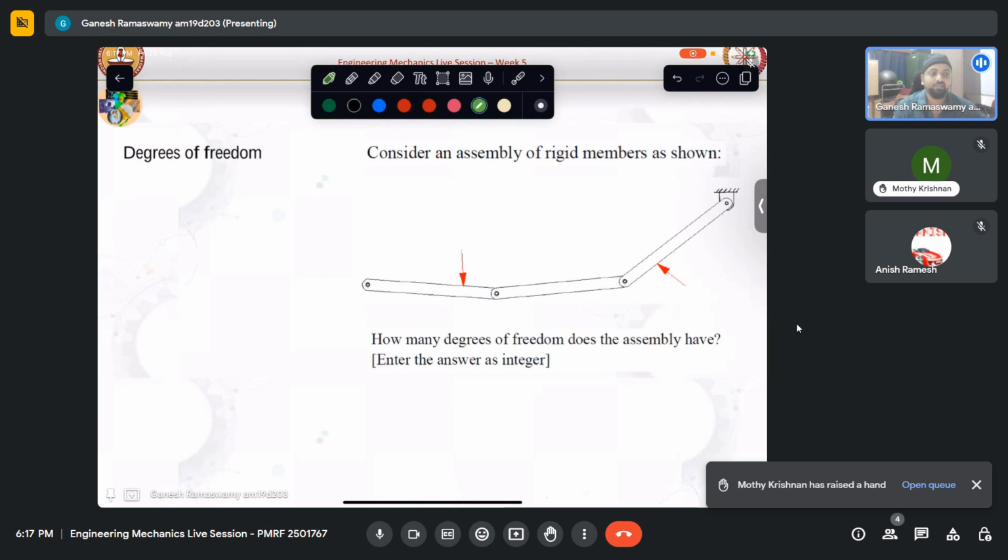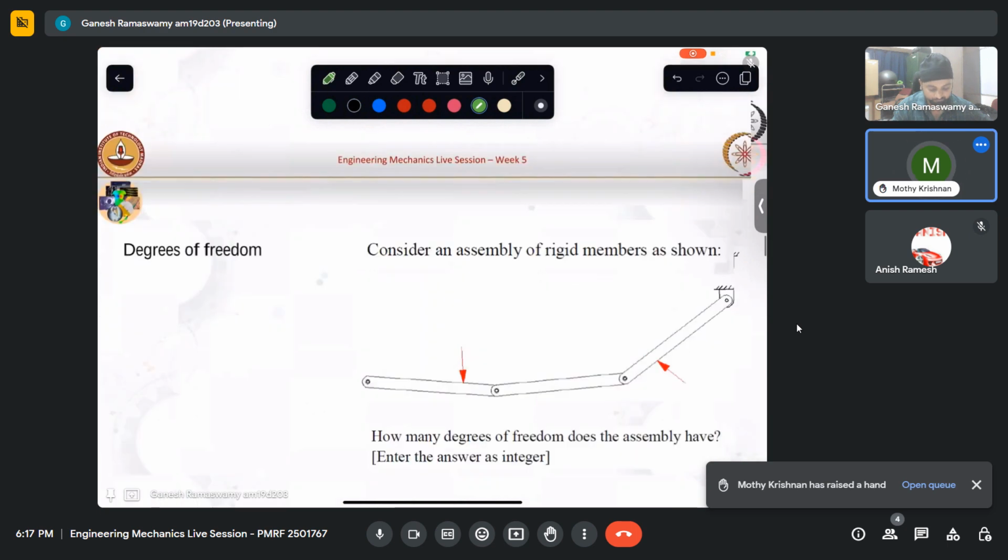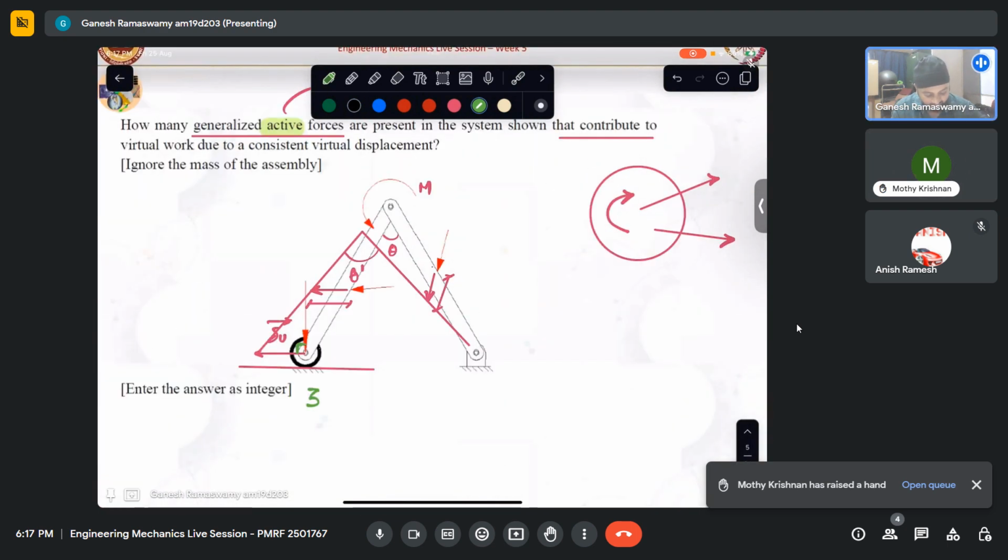See, do you agree that under the action of this delta u, theta will increase to theta dash? If theta increases to theta dash, what is the virtual work by M? Virtual work contribution by M is M delta theta. So what is delta theta? It is essentially final minus initial.